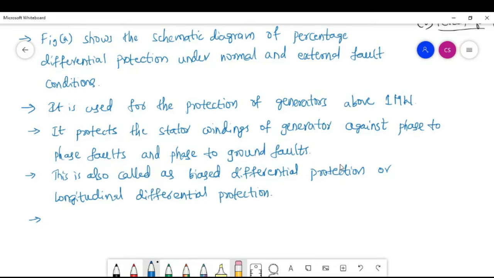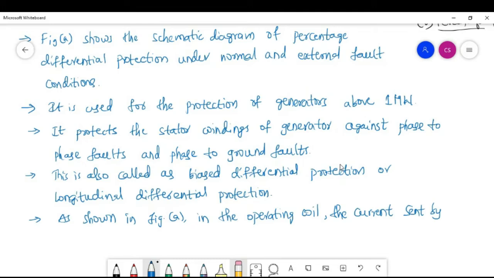So what happens? As per figure A, in the operating coil, the current sent by the upper CT is cancelled by the current sent by the lower CT.